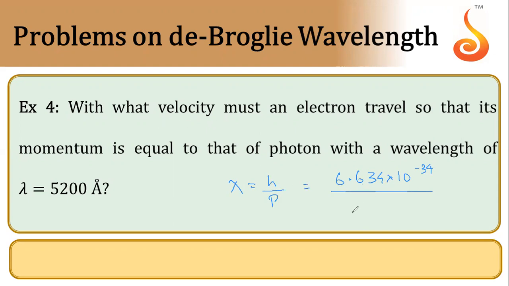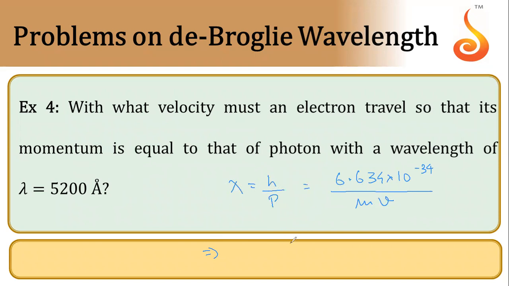Momentum is the product of mass and velocity. In this case it is given that the momentum of the electron is equal to the momentum of the photon, and we are applying the formula for the photon.